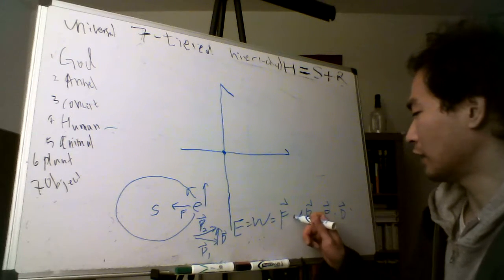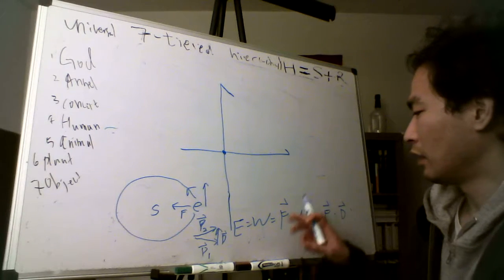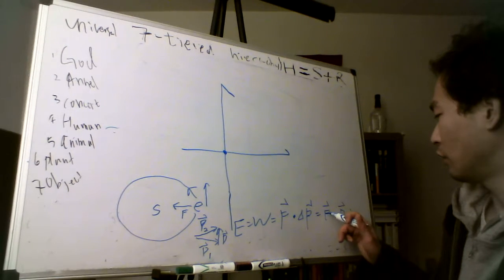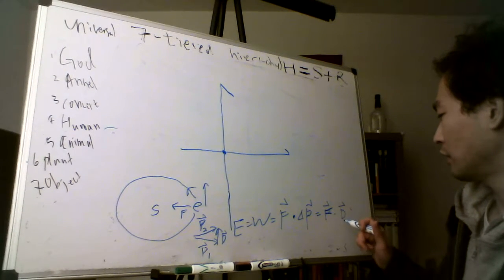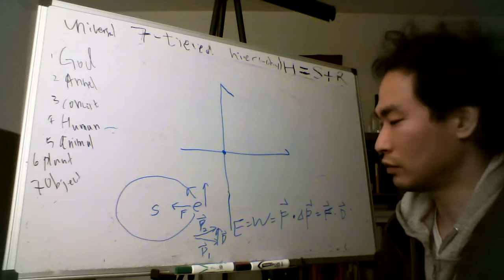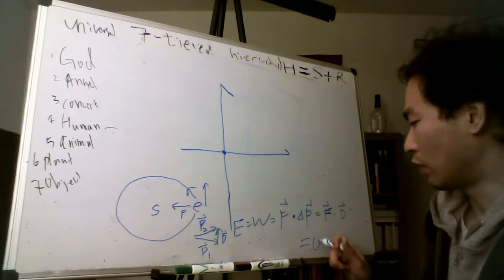That's why, what is the dot product? Absolute value of F times absolute value of D displacement vector times cosine theta, and cosine of a 90-degree angle is always 0. Okay, so there's no work, there's no energy.